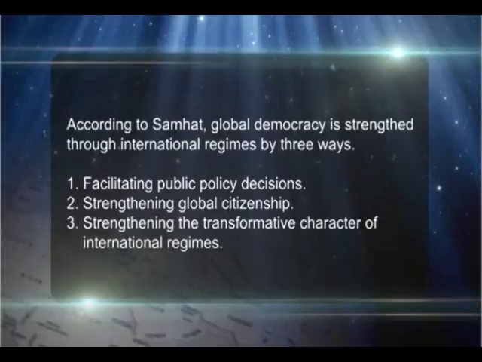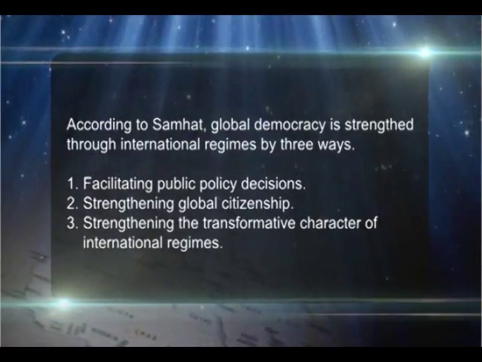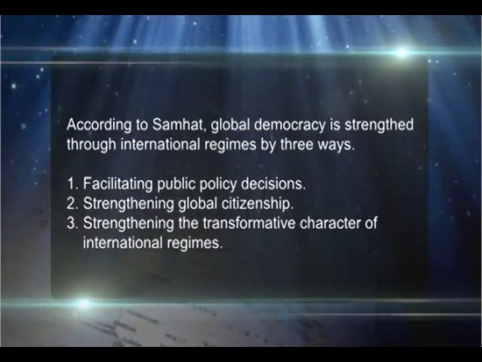So that way, international regimes, according to many scholars, actually pave the way for global democracy. Although this view is not above criticism, many others, especially third world scholars, believe that international regimes are still controlled by the big powers.